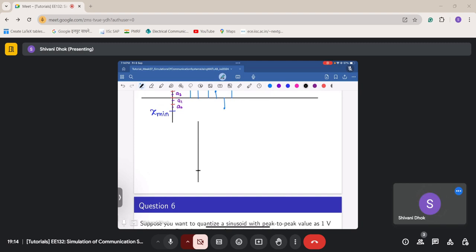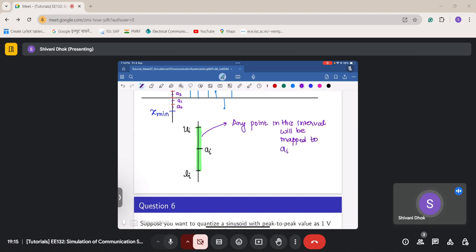So what in principle is happening is, you have a lower limit and you have an upper limit, and then you have a quantization level Ai. Any point in this interval will be mapped to Ai.